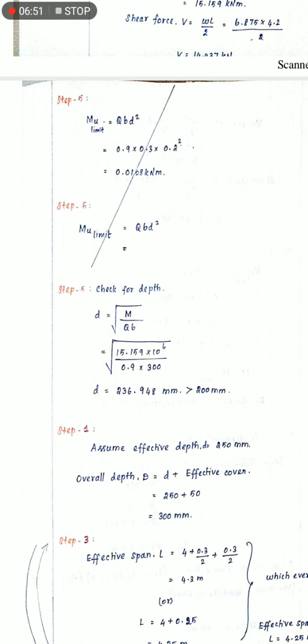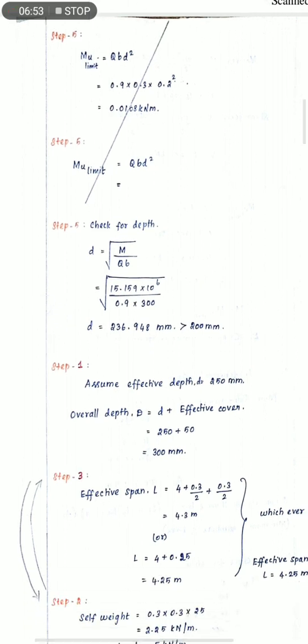Again, the depth of the beam is increased to 250 mm. In the first trial we took effective depth as 200 mm, but in trial 2 we take effective depth equal to 250 mm.